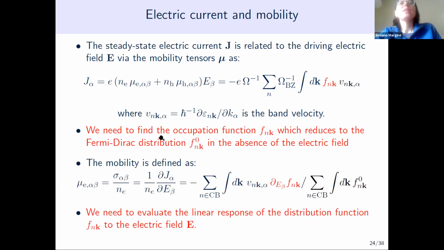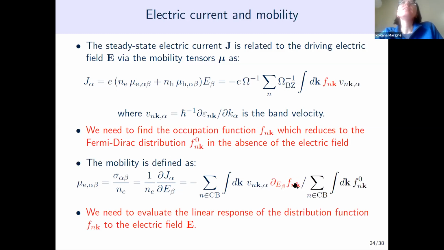Now, since we are interested in computing the mobility, we can just take the derivative of the current with respect to the electric field. So basically, this means that we need to evaluate the derivative of this distribution with respect to an external electric field.